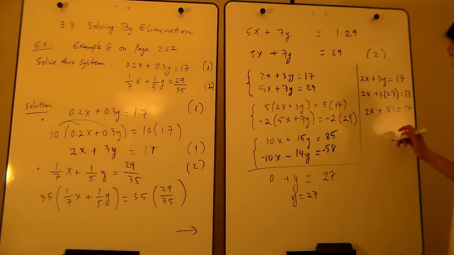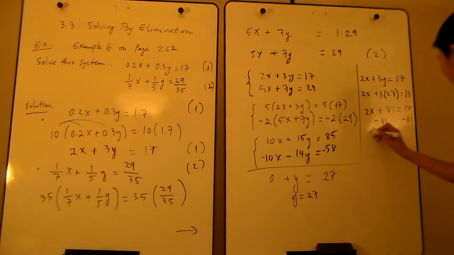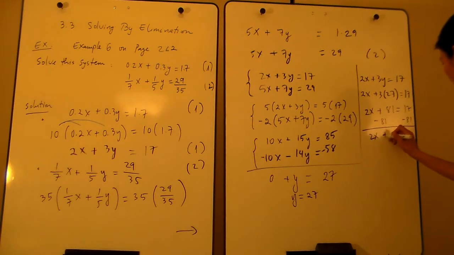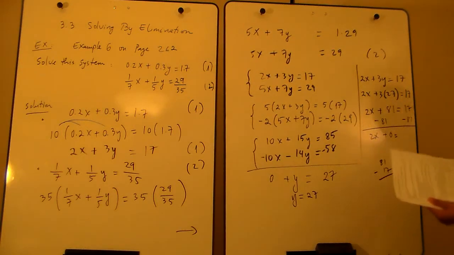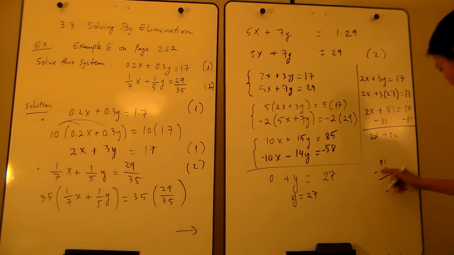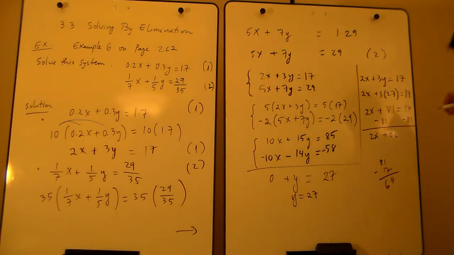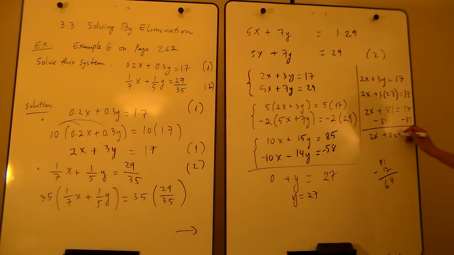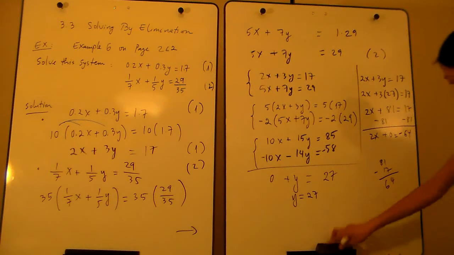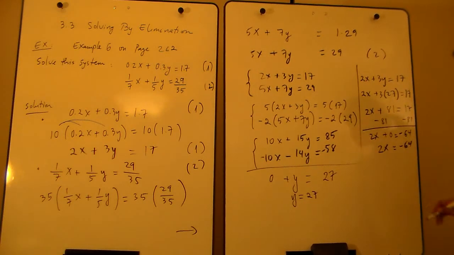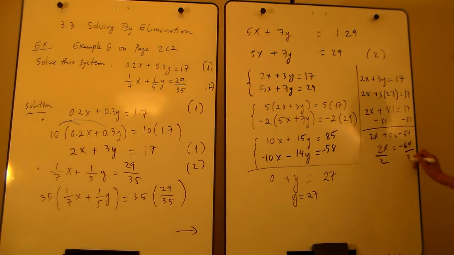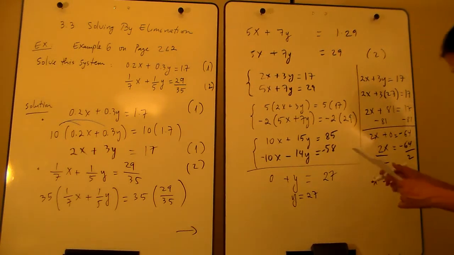To solve for x, subtract 81 on both sides. 2x plus 0 equals 17 subtract 81. Because the bigger number is 81, we keep the negative sign: 81 minus 17 is 64. Simplify: 2x equals negative 64. Divide both sides by 2. x equals 64 divided by 2, which is 32. But don't forget the negative.